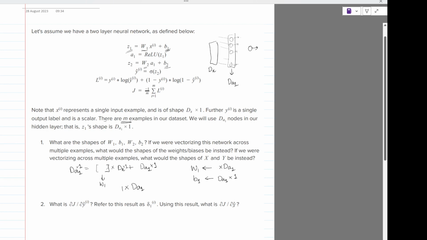Sorry. This should be dA1 into dx, right? This is dA1 into dx, W1. dA1 into dx, times dx into 1, will give you dA1 into 1.